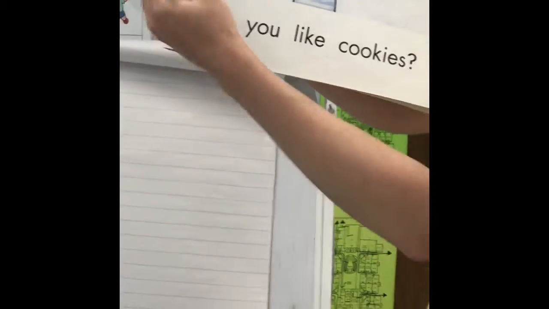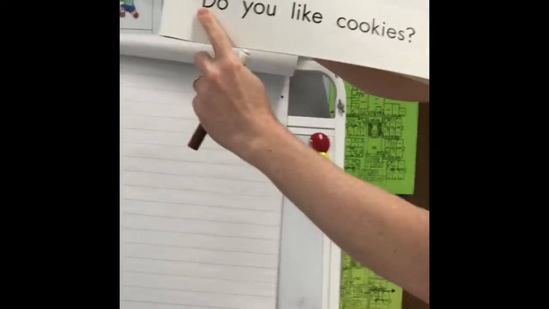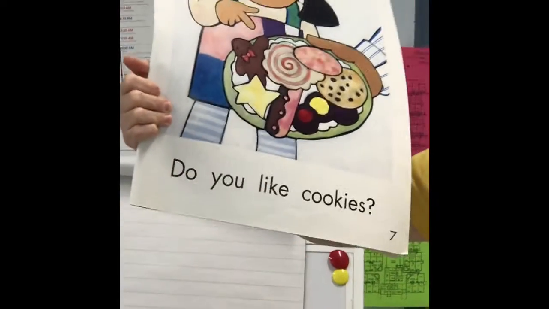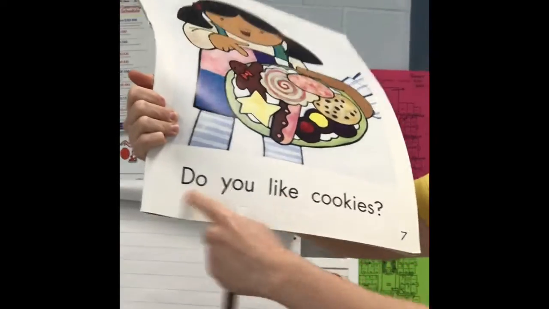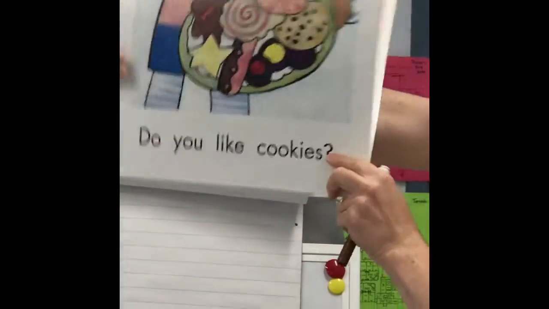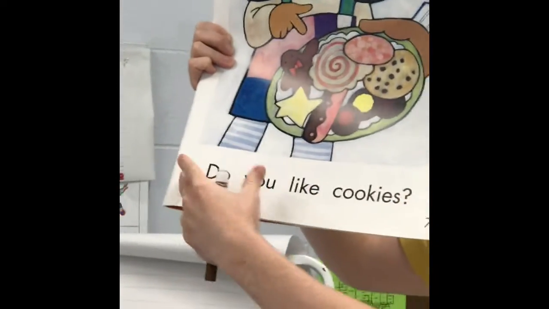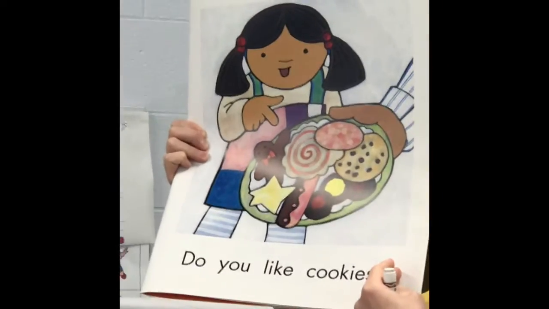Now, do you see how this writer started with a capital D at the beginning? We always start our sentences with a capital letter. That just lets the reader know that this is a new sentence, it's a new thought. And when they were done, they ended theirs with a question mark because they're asking a question on this page, okay? So that just tells me that this is one complete sentence, one complete thought, okay?